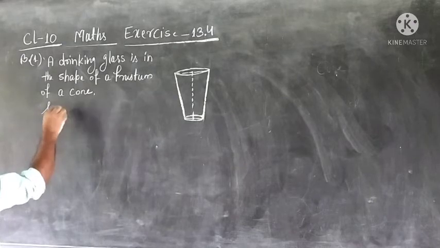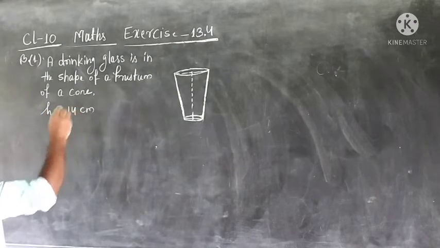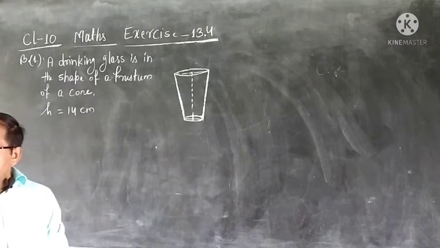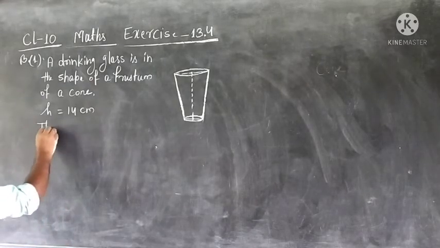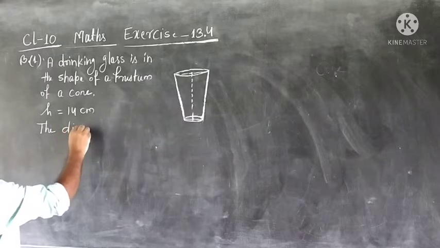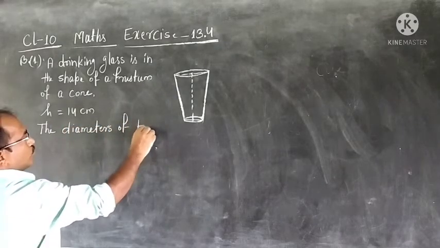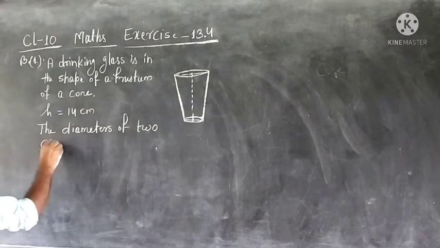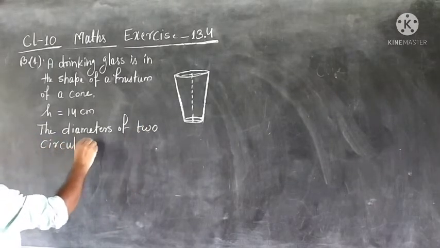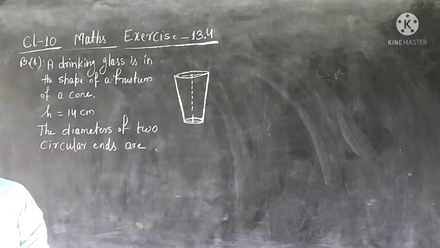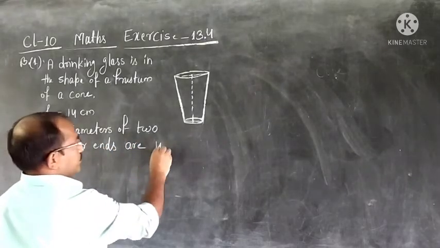So, we go with that height, 14 centimeters. The diameters of two circular ends, not radius, it is mentioned here, diameters, the diameters of two circular ends are 4 centimeters and 2 centimeters.